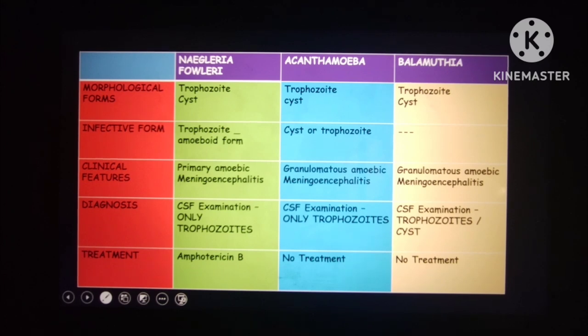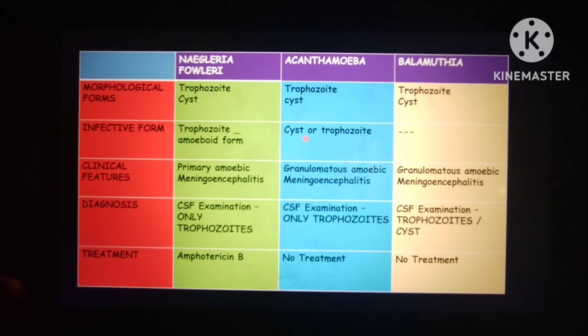For Balamuthia, there is no treatment. So friends, you want to remember the clinical features, and another point: amoebic keratitis is usually associated with Acanthamoeba species.